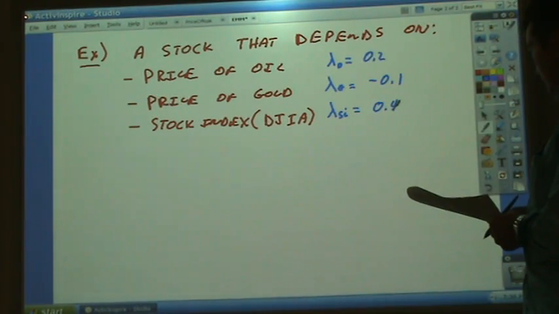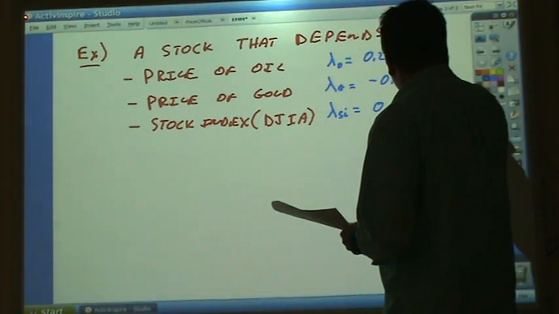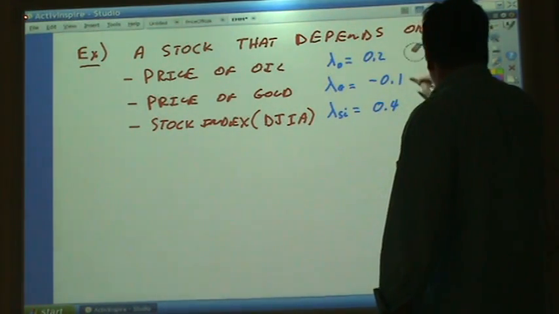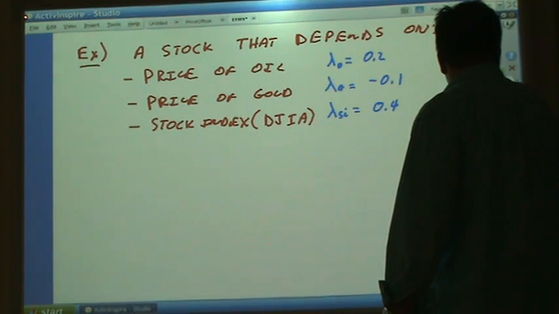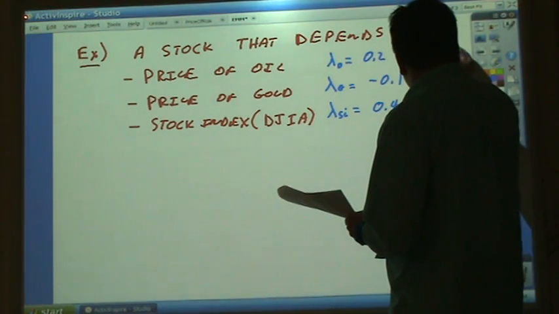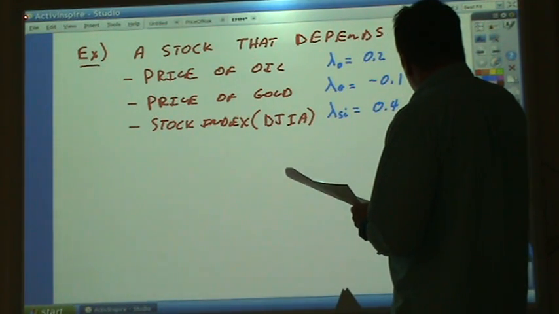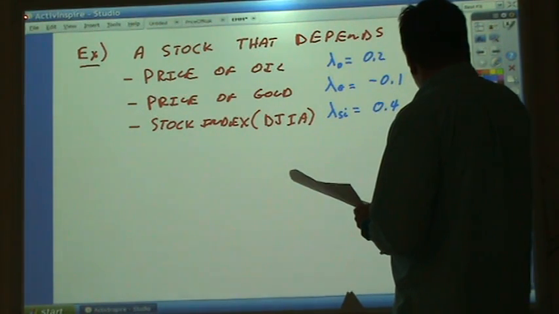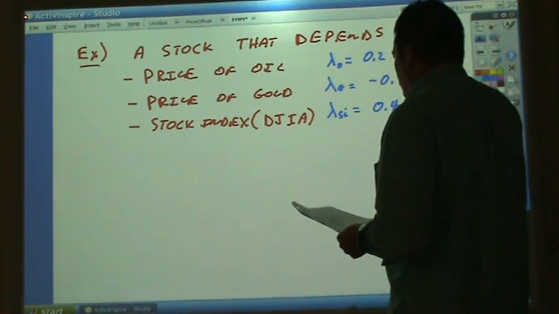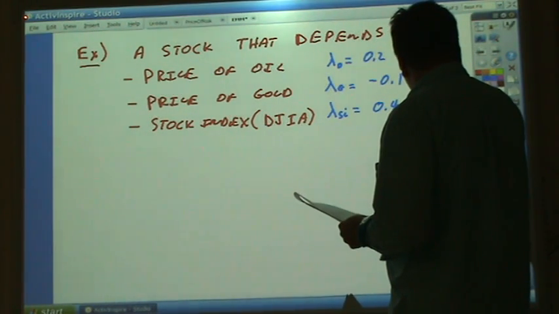And then let's say the sigmas for each of these. The sigma for oil is 0.05, the sigma for gold is 0.1, and the sigma for the stock index is 0.15.